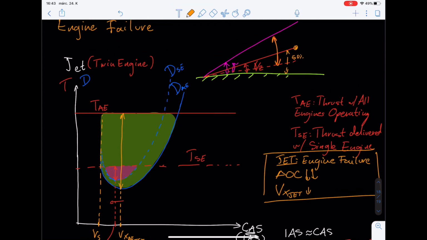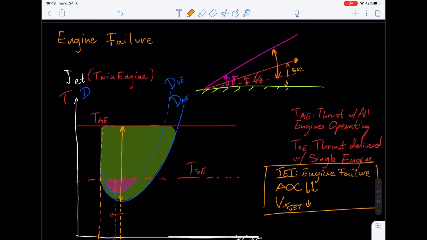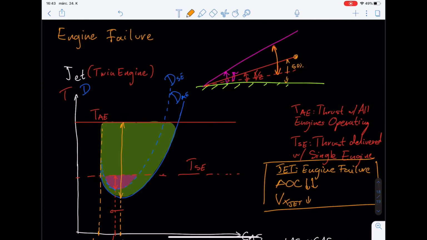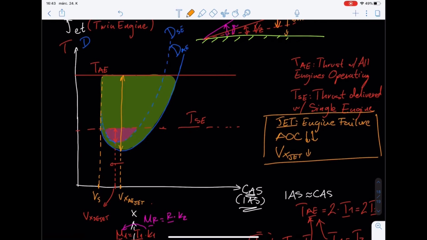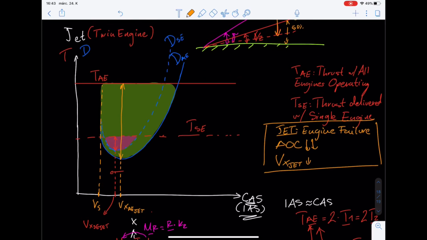So assuming that you're still going to have half of the initial capabilities is just half of the story, because we also see that there's an increase in the drag as well, which further reduces this excess thrust which is available to you, right?